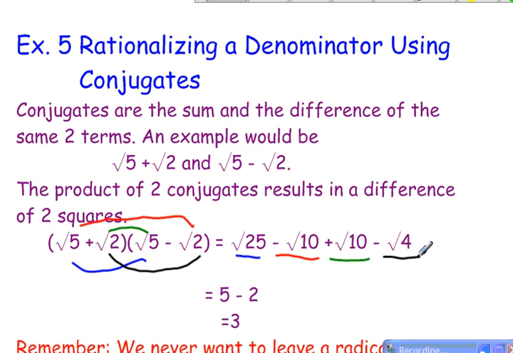Okay, if you'll notice, I have a perfect square here. I have a perfect square there. And these two, I have a minus square root of 10 plus square root of 10. That's simply going to cancel itself out.